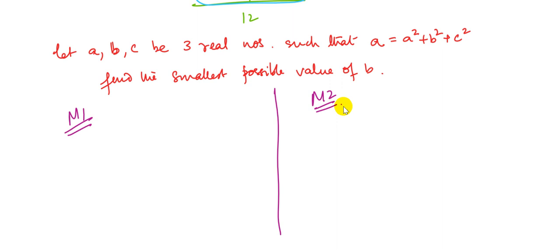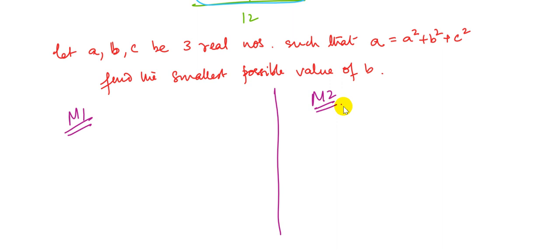A to the power n plus b to the power n divided by... the powers are even. No, if you have even powers, you can't do anything. Even powers are not divisible by anything. And moreover, here you are asked to find the value of b.